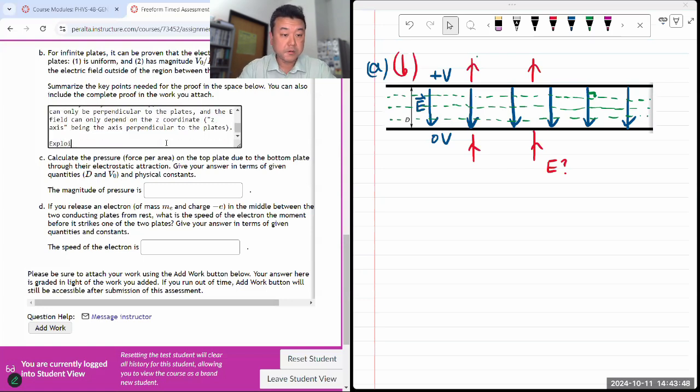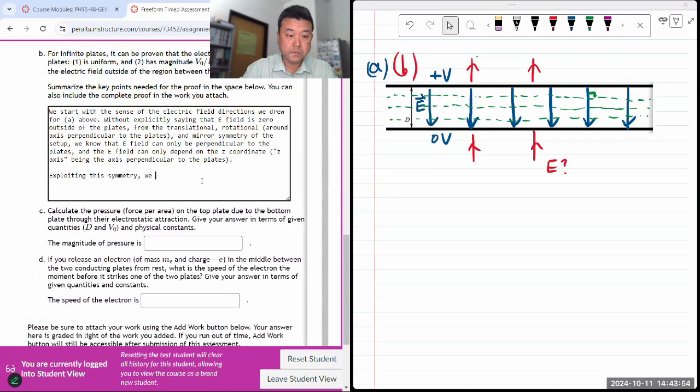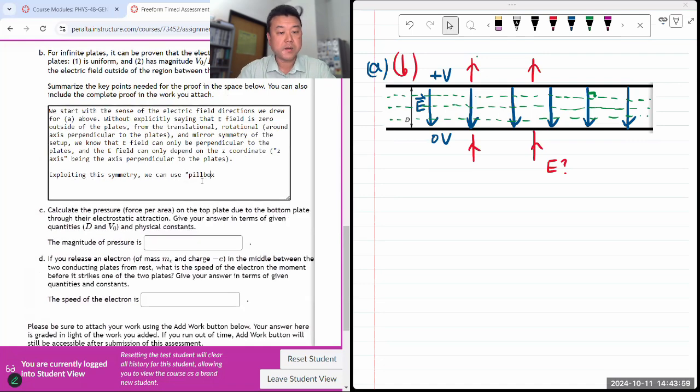Exploiting this symmetry, we can use a pillbox type Gaussian surface to show that the electric field between the plates doesn't depend on the z coordinate either.